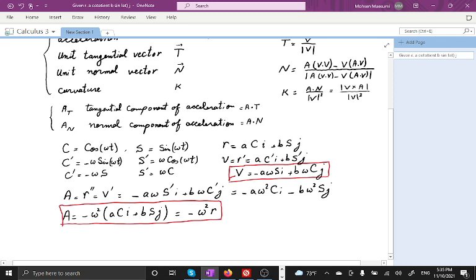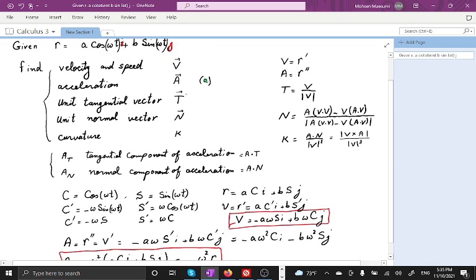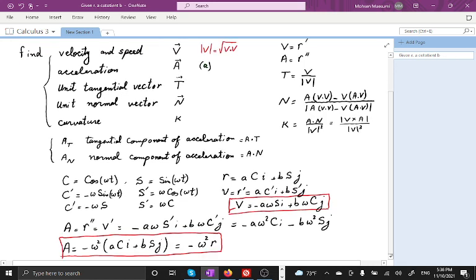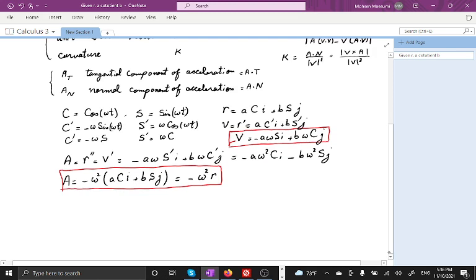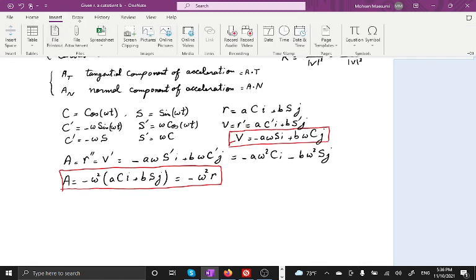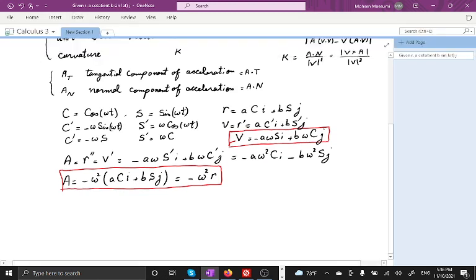Now we are going to go ahead and try to calculate speed. Speed, of course, is the absolute value of velocity, or if you wish, it's the square root of v dot v. So I go ahead and calculate v dot v, or in other words, just the absolute value of v squared.